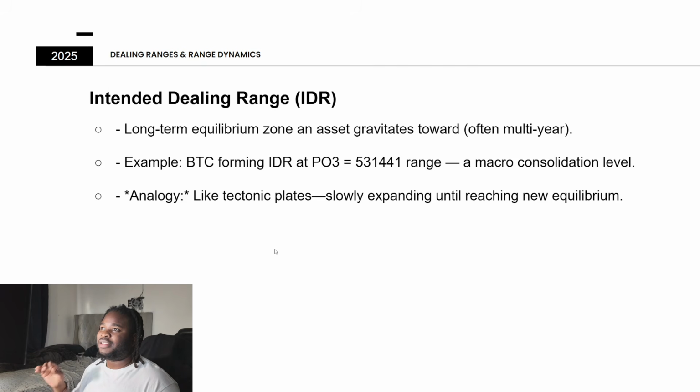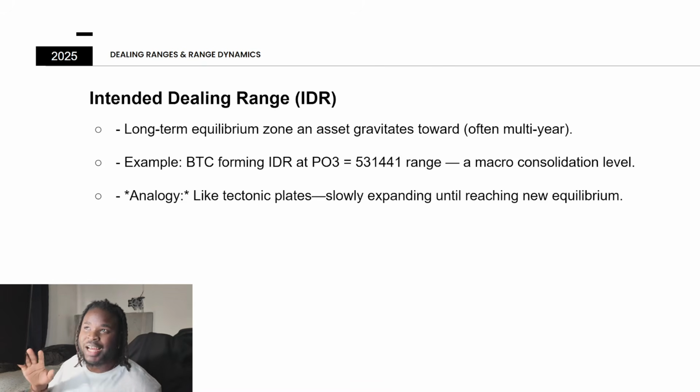This is an important part of understanding dealing ranges, but for how we're trading, it's not important to dive deep. If you want to know more about intended dealing ranges, I encourage you to go check out Hoppy's book. He has a lot of information on that. He goes more into detail, but I'm not going to harp on this because it's not extremely pertinent to creating your trade idea, okay?